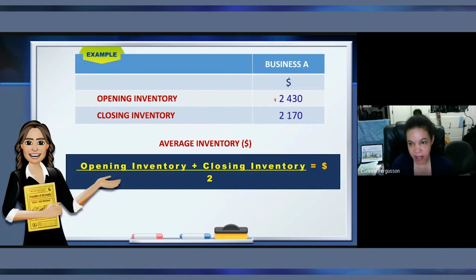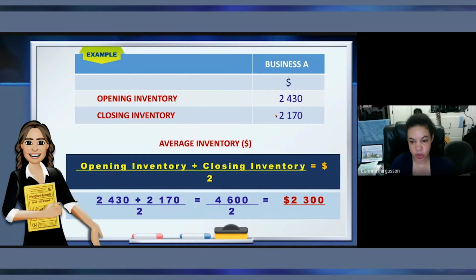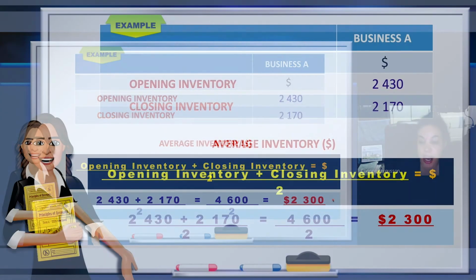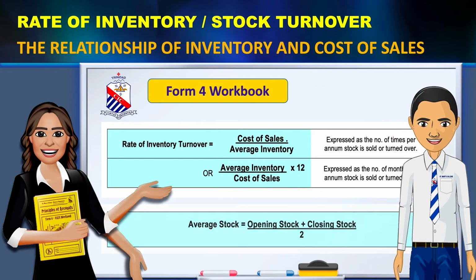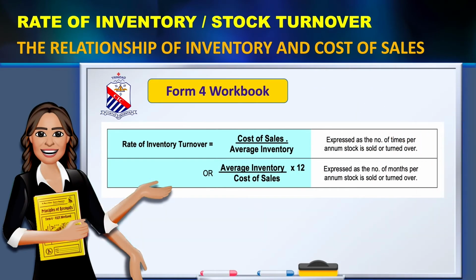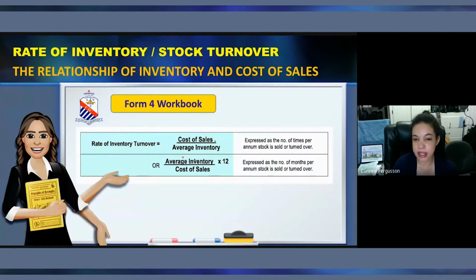This plus this gives you 4,600, divided by 2 gives you an average inventory of 2,300. As simple as that. So now that you have worked out your average inventory, what is left for you to do is to just plug it into this very simple formula.